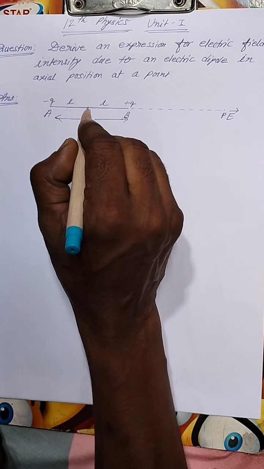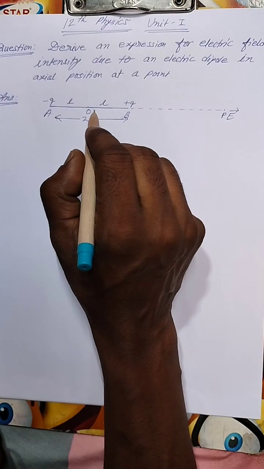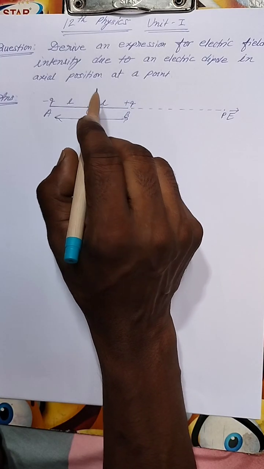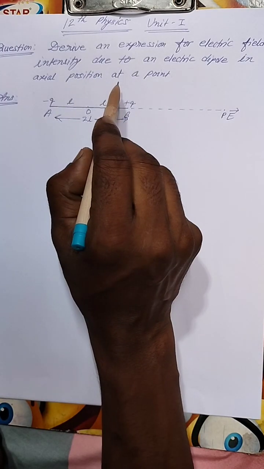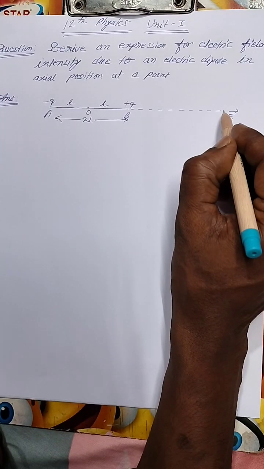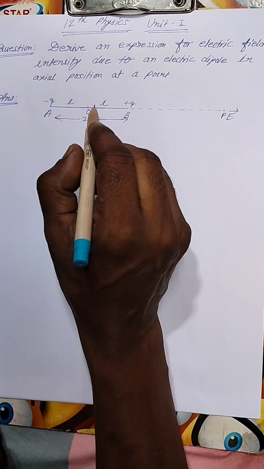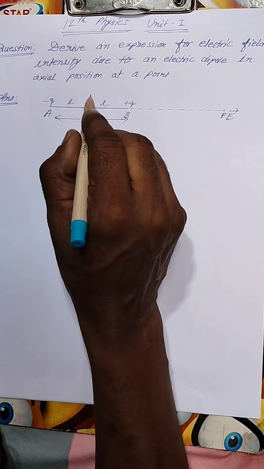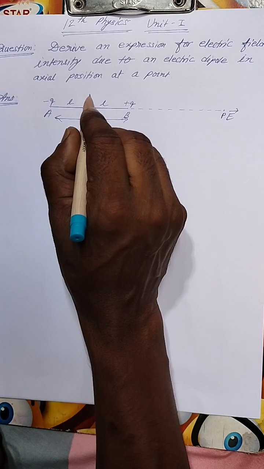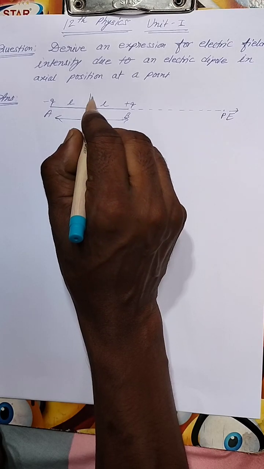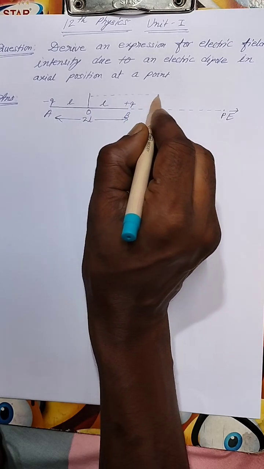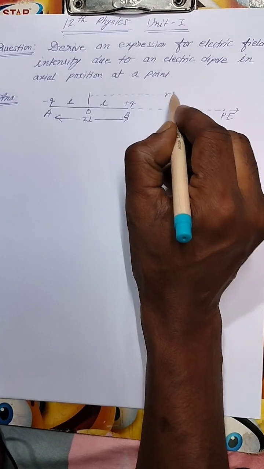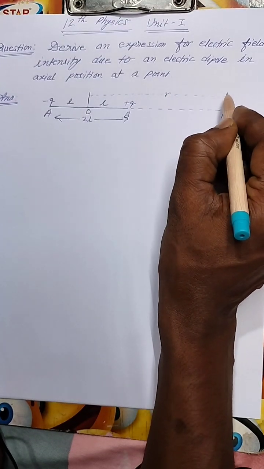Let in the axial position there be a point P. The distance from the middle point O, that is r, we will assume that.